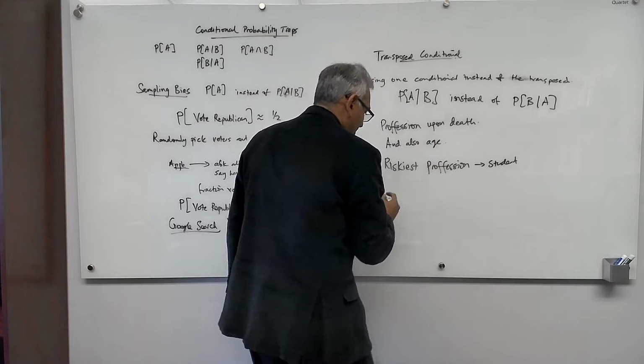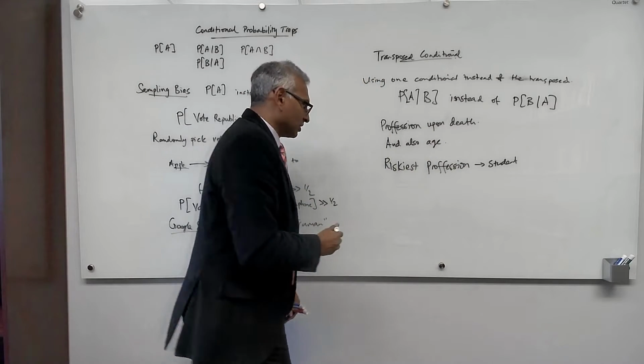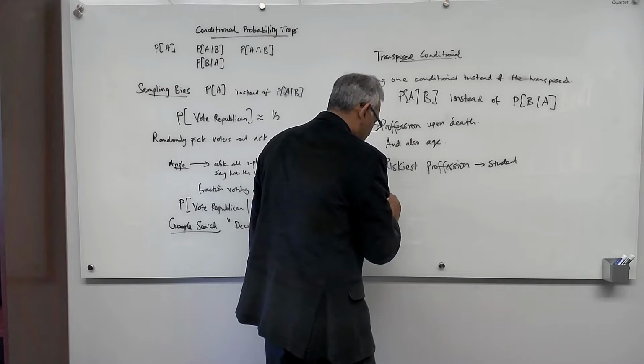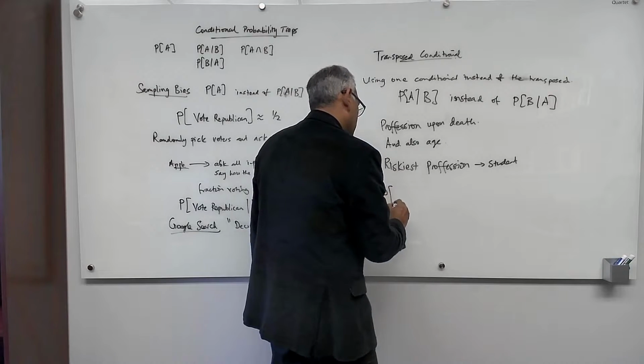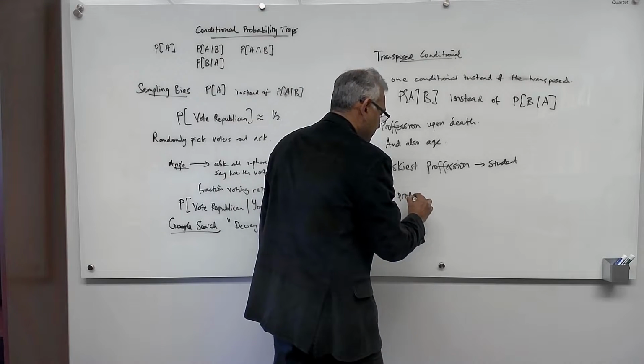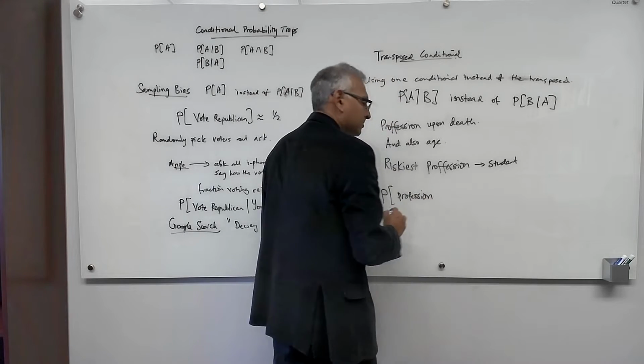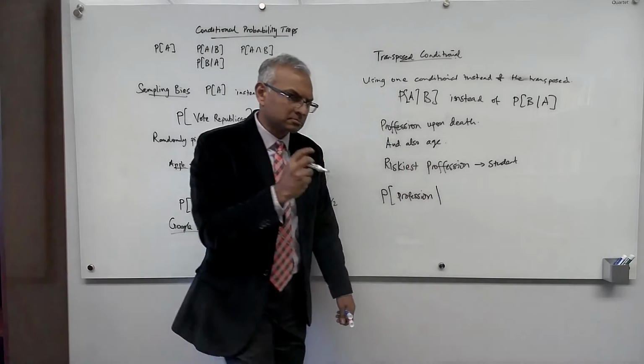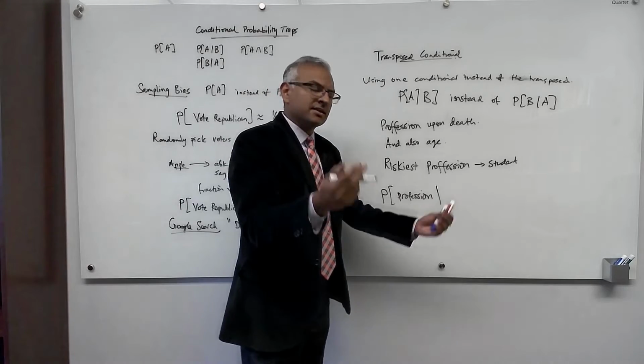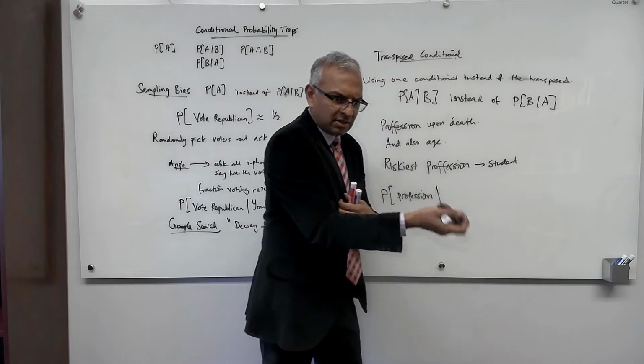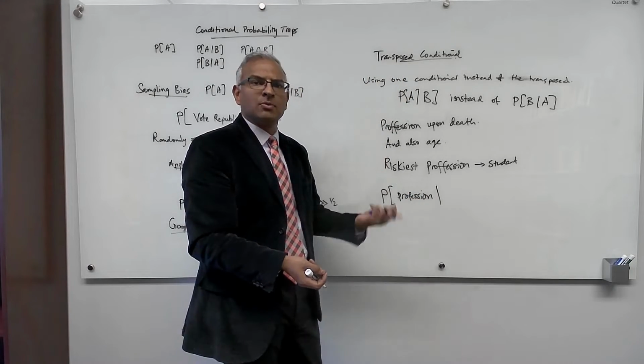So what Lombard was actually tabulating was the probability of a particular profession given that you died at a certain age. Because what we see in the data is the age at which you died, and then we can look and see your profession.